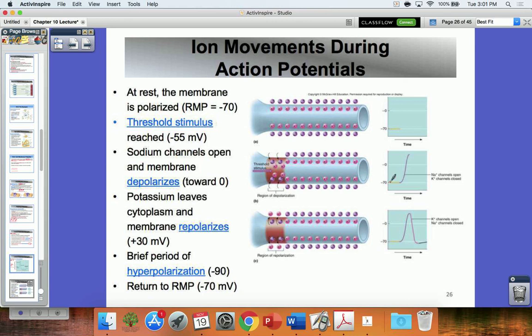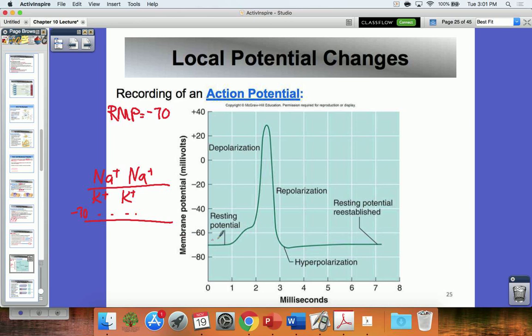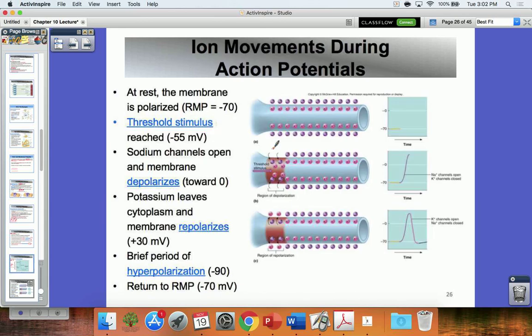So let's go back to this chart. So it depolarizes. This is all the sodium going in, sodium going in, sodium going in. It's just a little bit too much sodium going in. We're too depolarized. Around this point, which the next slide says is around positive 30, the cell starts to repolarize. And that's this part right here.